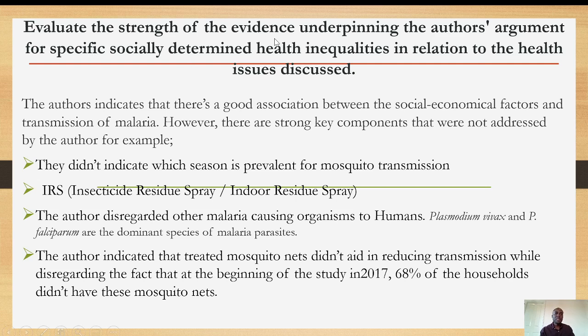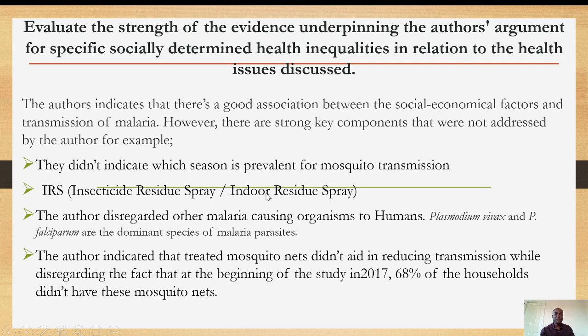The second part is to evaluate the strength of the evidence. There is a good association, but as they say, correlation is not causation. There is some association as far as the paper is concerned, but there were some elements that were not addressed.